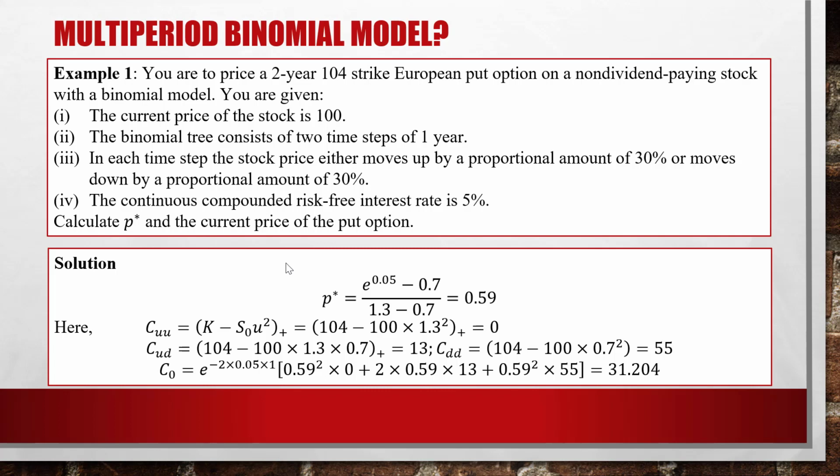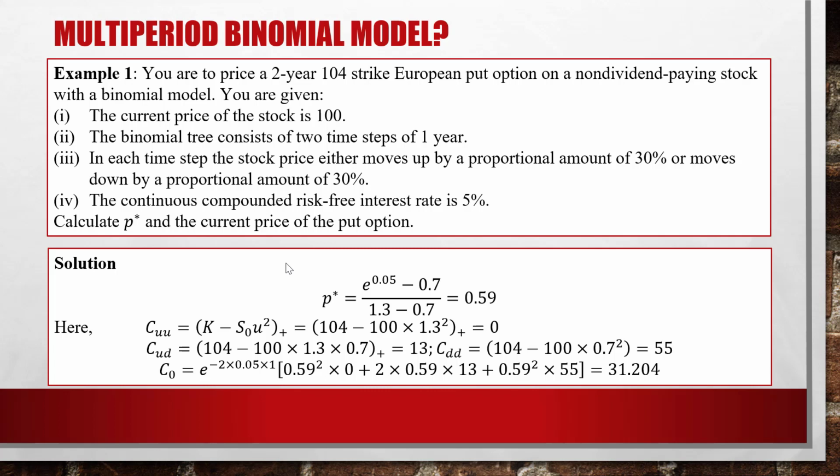Just follow the formula. Now remember, for a binomial tree we need to calculate the end nodes first and then calculate the beginning node, right? So here first we have the end node in case it moves up 2 times, which is Cuu.